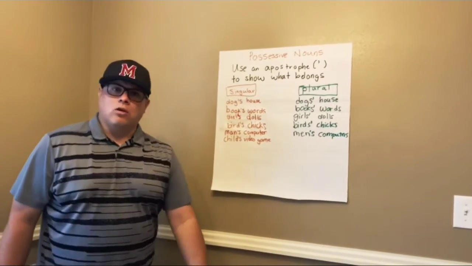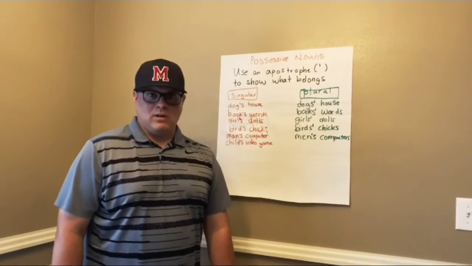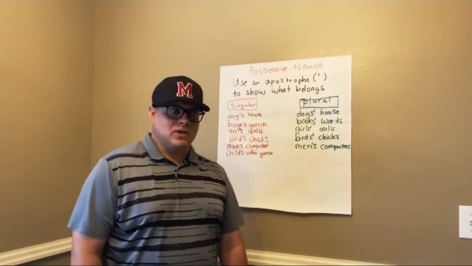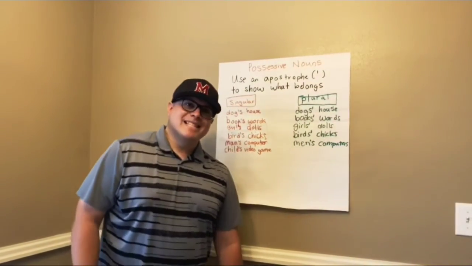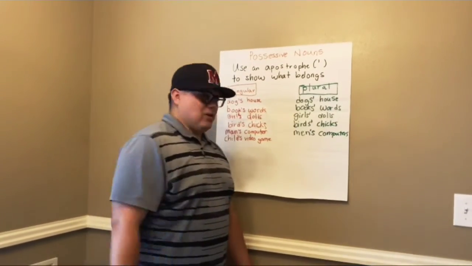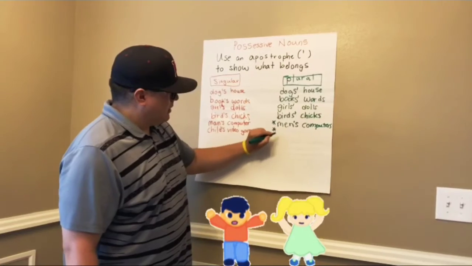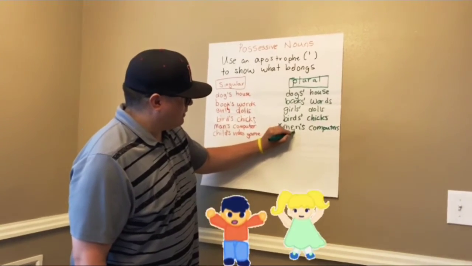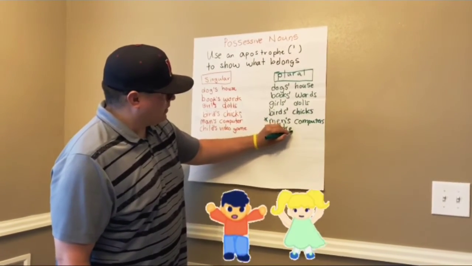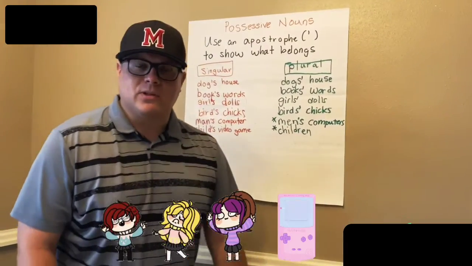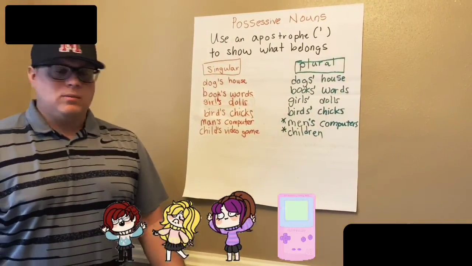Now, the next one, child. What's the plural form of child? Anybody? Children. That is correct. Okay, children. When we say children video games to show ownership here, what would we do?